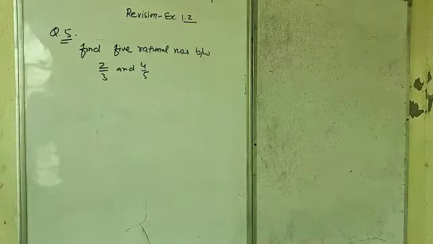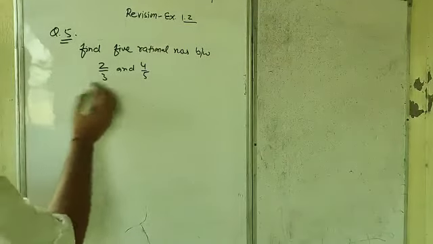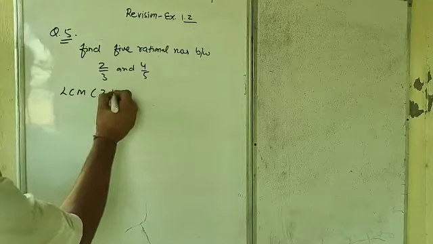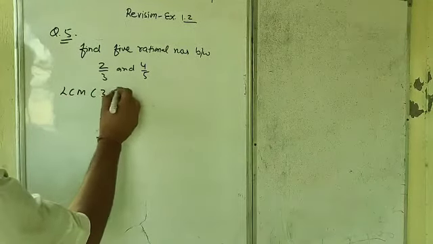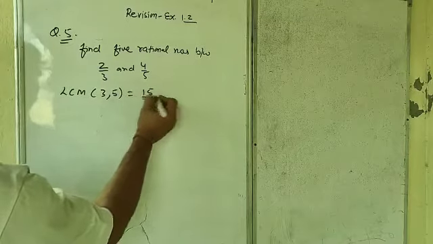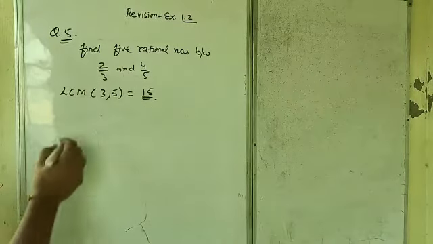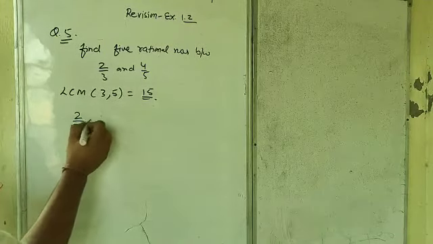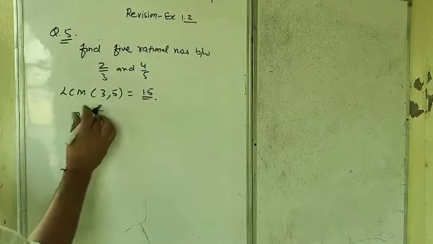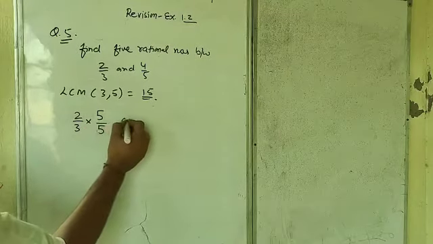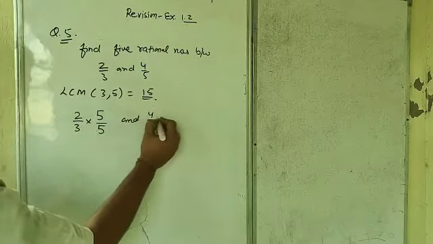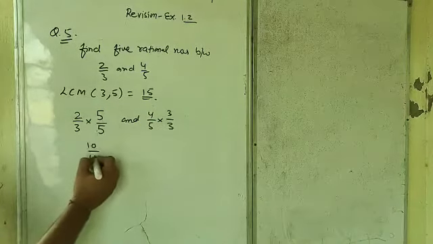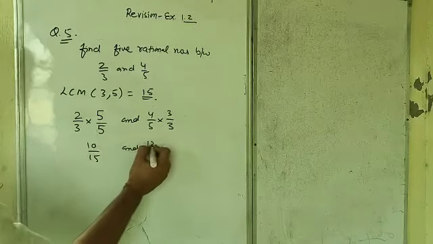So first of all find the LCM of 3 and 5. It is 15. Now how to make like fractions? Look at this. We multiply 2/3 by 5 and divide by 5, and we multiply 4/5 by 3 and divide by 3. So 5 2s are 10 upon 15 and 12 upon 15.